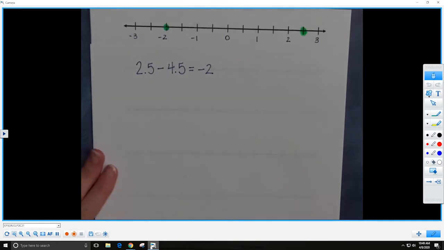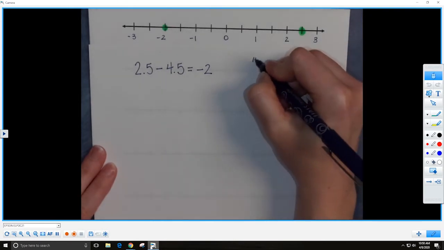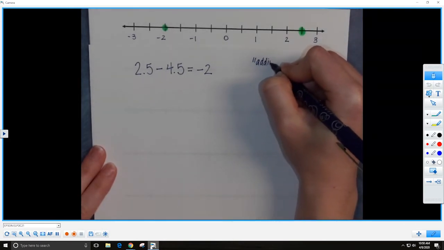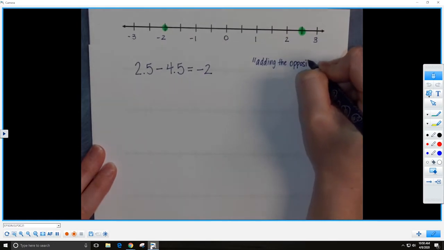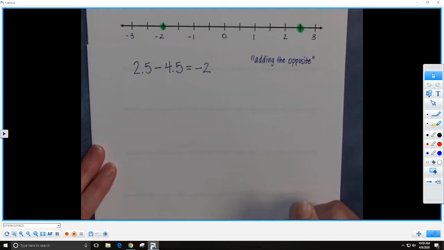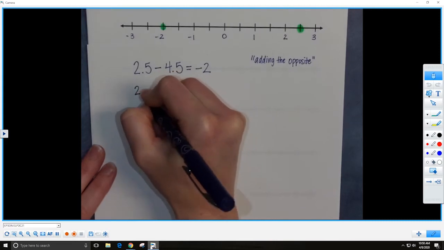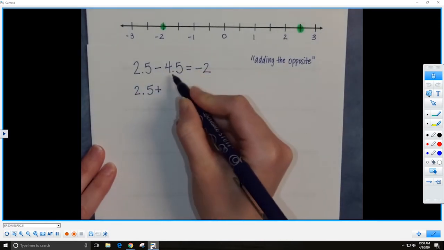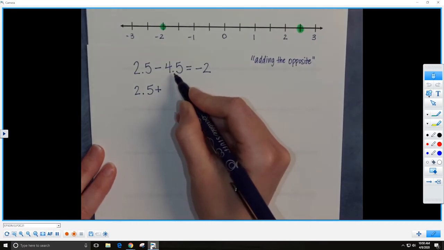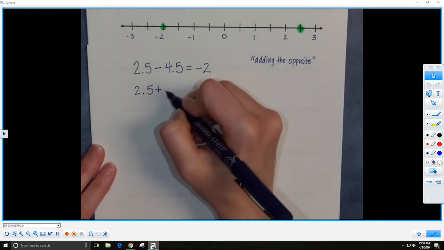Remember that we've also talked in this series about the phrase adding the opposite. And so here we would leave this first addend as 2 5/10. We are going to add the opposite of the second addend. The second addend is 4 5/10.